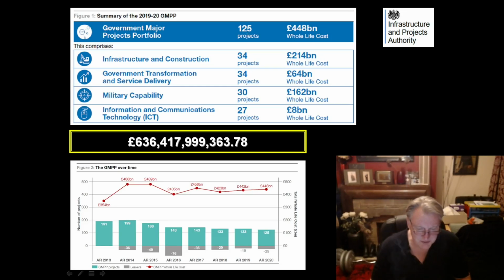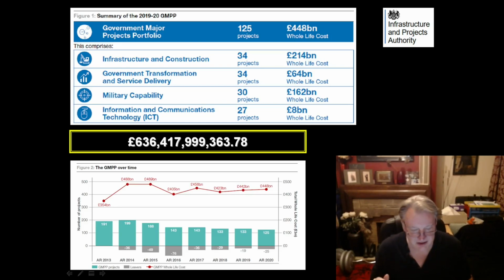I mean, yes, you have new projects coming online and other projects completed, but you shouldn't necessarily be aiming to have the same level of commitment in terms of monetary value, especially at this sort of level. So I'm not entirely sure what they're trying to get at here. And the numbers that they've got there, I think it's the number of projects and the number of projects that are finished.